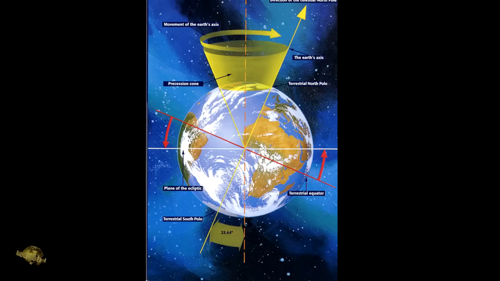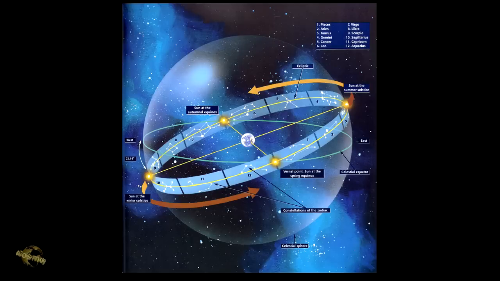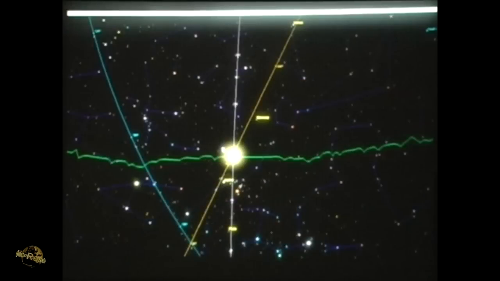And then go back to here, and I asked the question, what would you see if you stood on the equator? All right, now take a look at this. The green line represents a hypothetical horizon.